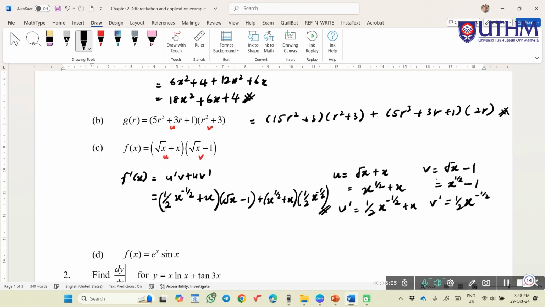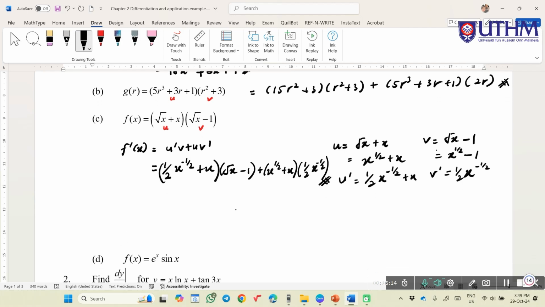Okay, you can leave the answer here, or you can rewrite this as 1 over 2 square root x plus x, times square root x minus 1 plus, this one I will use square root x plus x, times 1 over 2 square root x.